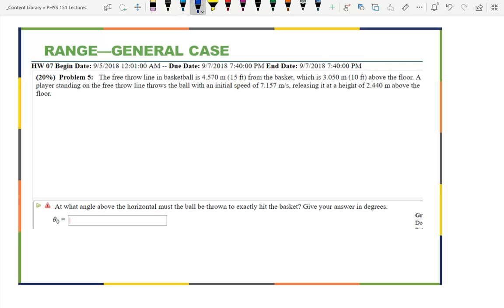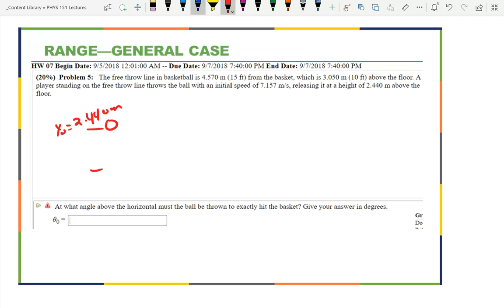So I'm going to have here the ball starting, and I'm not going to draw the person just because you get the head and the ball confused. So that's starting at y initial equal to 2.44 meters.